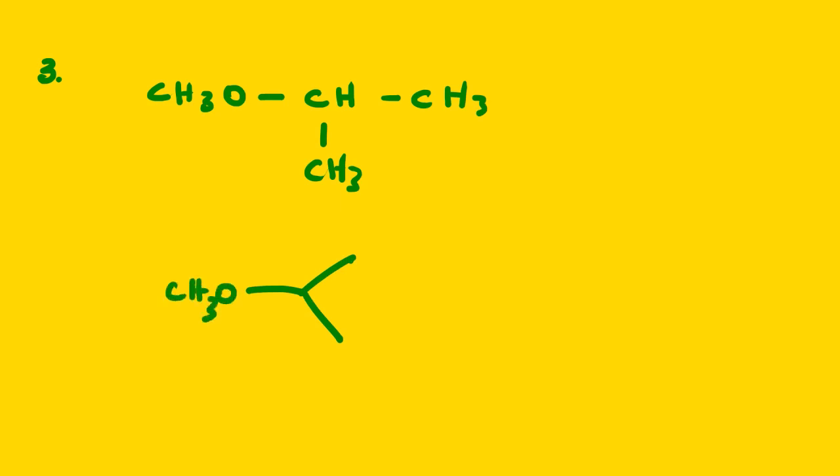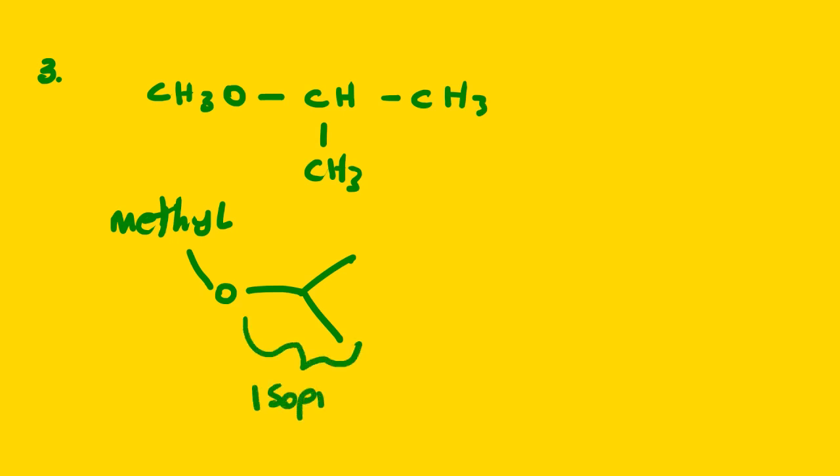Let's just put CH3. For the common name, we can simply put this. So this part is a methyl, and then this part you can see is isopropyl. Some say isopropyl. Then this is the name.